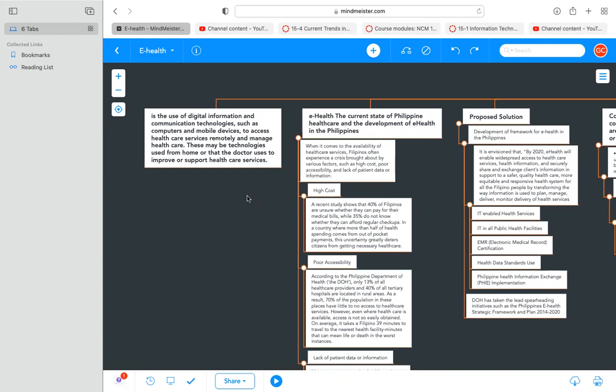Now, again, as I have mentioned, I'm sure that you have learned already from nursing informatics that e-health is the use of digital information and communication technologies, such as computers and mobile devices, to access healthcare services remotely, and also remotely manage healthcare. And these may be technologies that are used from home or that the doctors and nurses use to improve or support healthcare services.